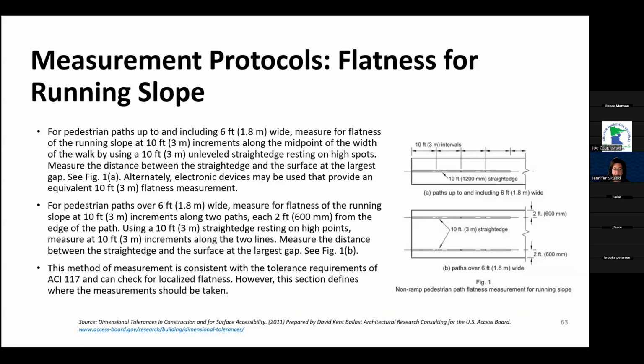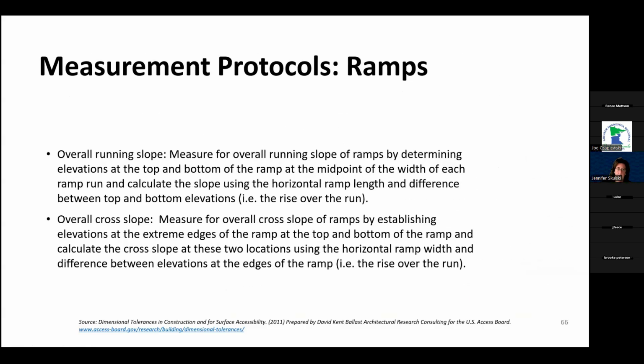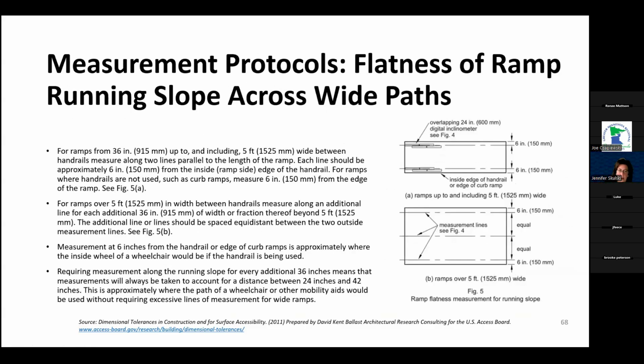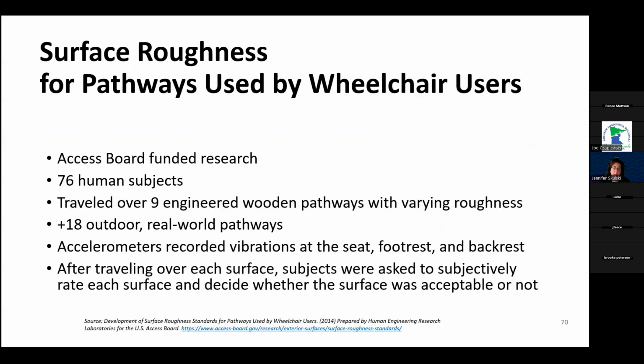If it's less than 6 foot wide, you're looking at 10-foot increments. If it's greater than 6 foot wide, you're looking at 10-foot increments along the 2 different paths, or the outside of the 2 paths. So that's the difference between going down the center of the path versus going down the 2 sides of the path. Again, I'm going to go through these quickly in order to provide time for questions, but I highly recommend this, especially if you're the one who puts the bid package together.